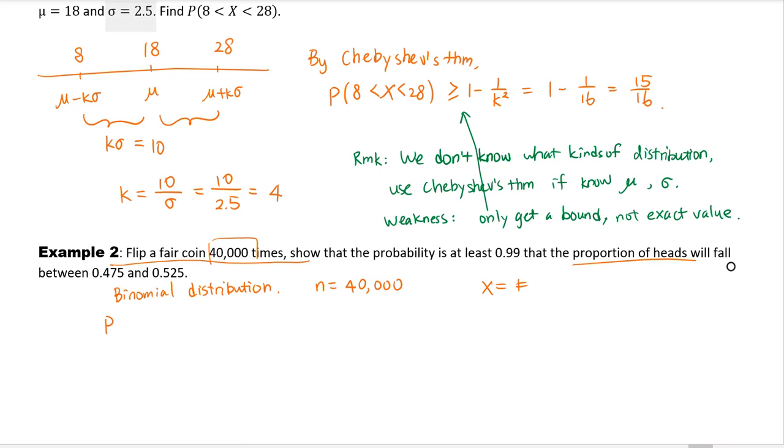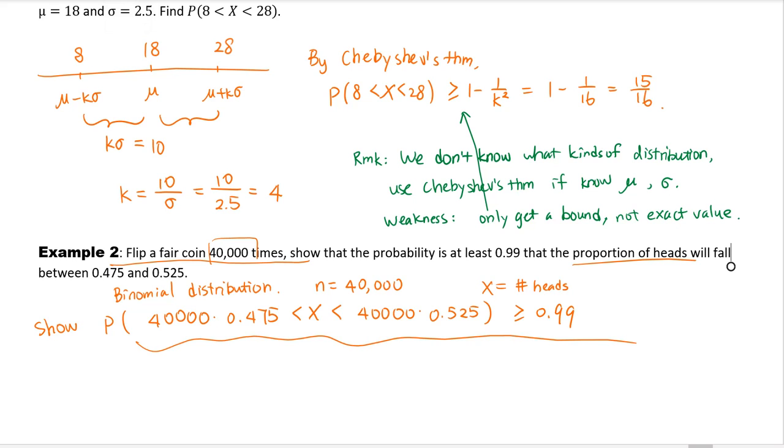So this problem says the proportion of the heads will fall between 0.475 and 0.525. So 40,000 times 0.475 is less than x, less than 40,000 times 0.525. The probability of this is at least 0.99. So we want to show this.